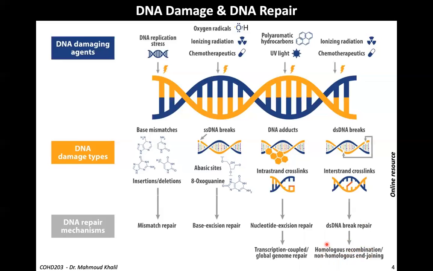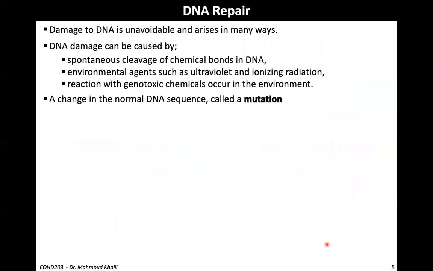So basically, this figure showed the relation between the damaging agents and the damage type for the DNA, and how the cell repair mechanisms deal with every single type of damage.